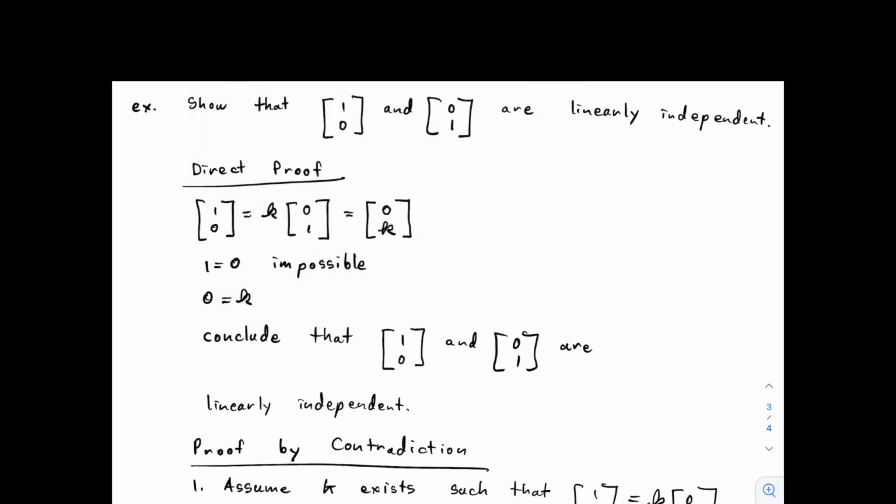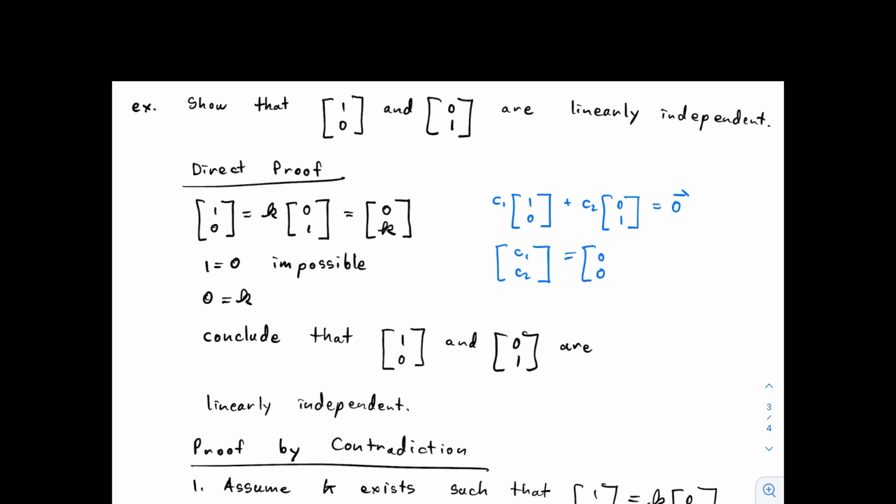And that would be that you can write out c1 times vector (1, 0) plus c2 times (0, 1) is equal to 0. And by distributing your scalar multiples and adding your two vectors, you end up with the vector (c1, c2) is equal to the 0 vector.